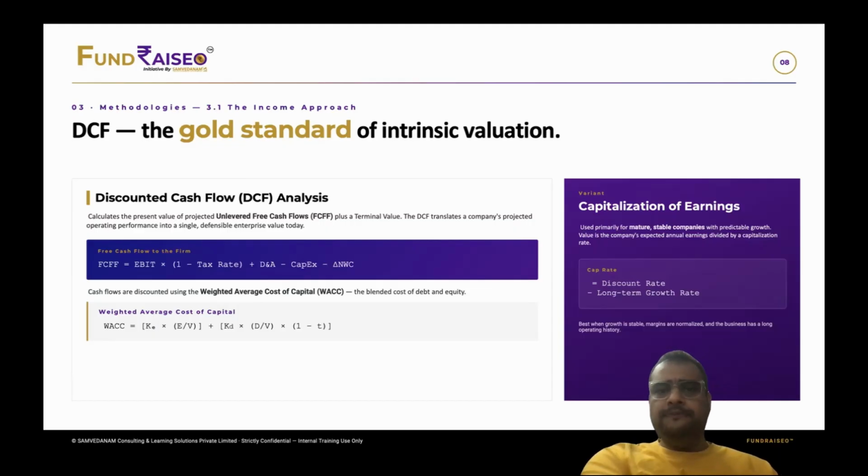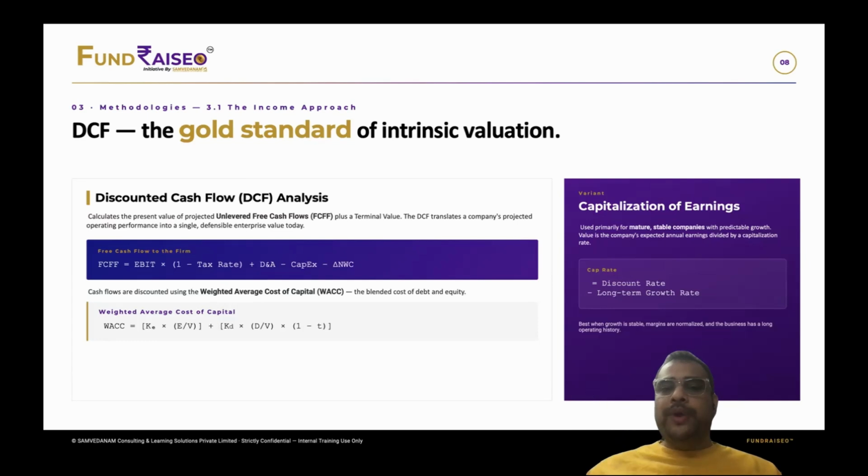The tax rate, as I said earlier, will depend on the country in which you're calculating the valuation. This way, you will be able to calculate your discounted cash flow, which will give you an exact value of valuation, what is expected out of the current business or the current asset which you're talking about.